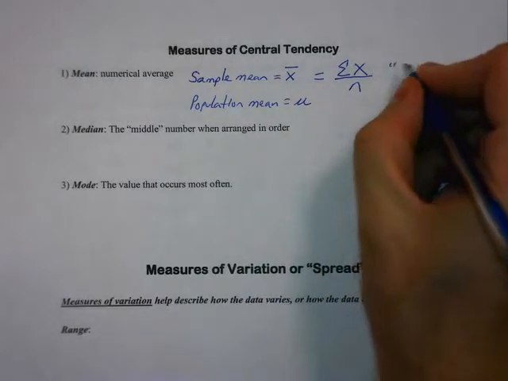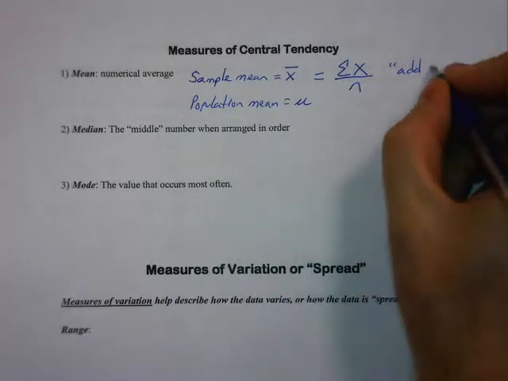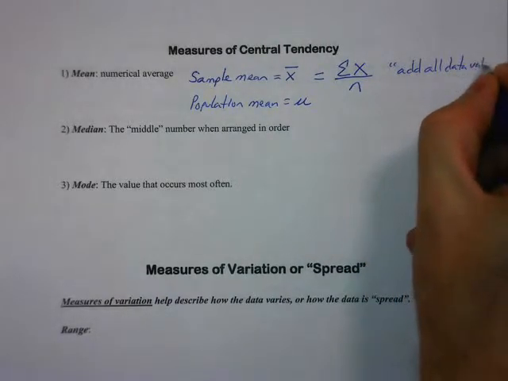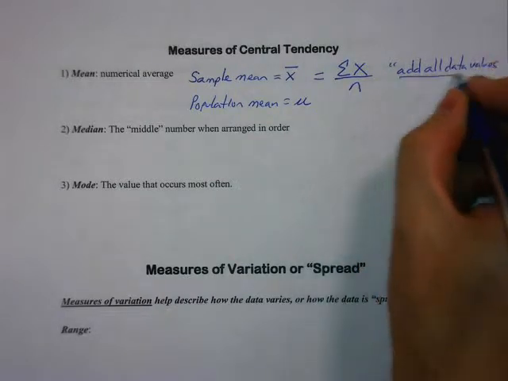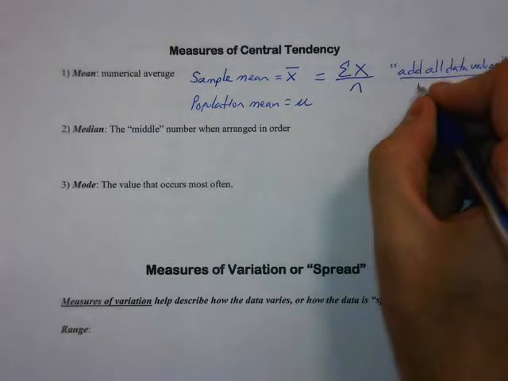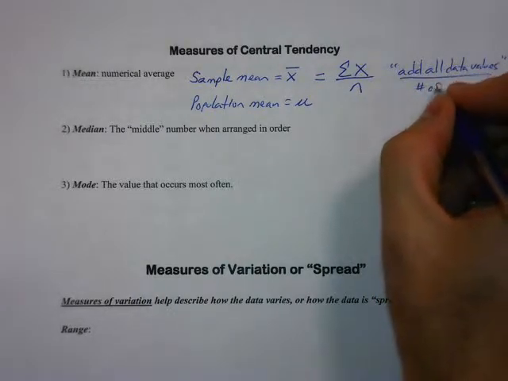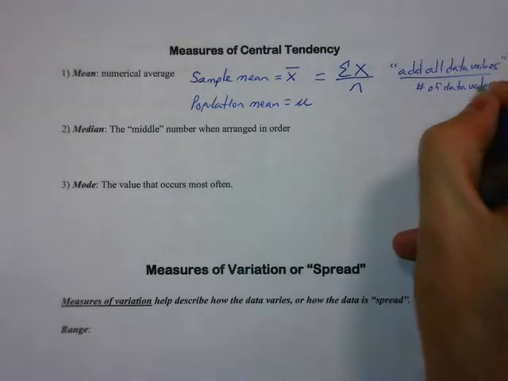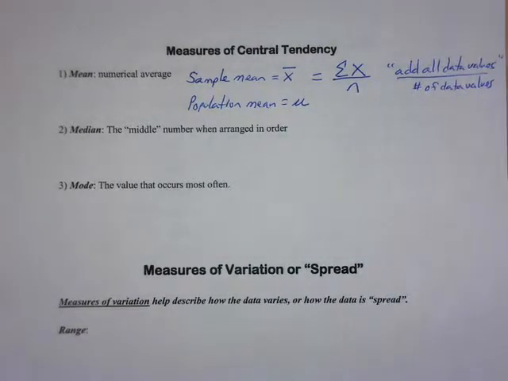The way you look at that is add all data values and then divide by the number of data values. That's essentially what we're doing.